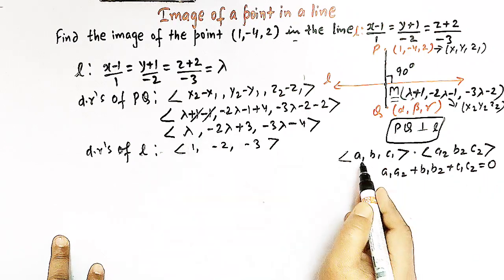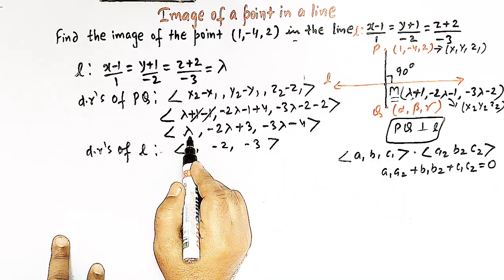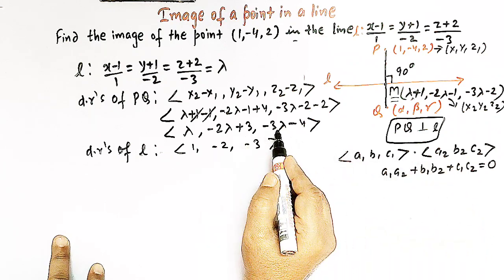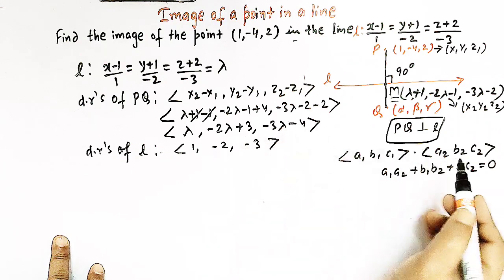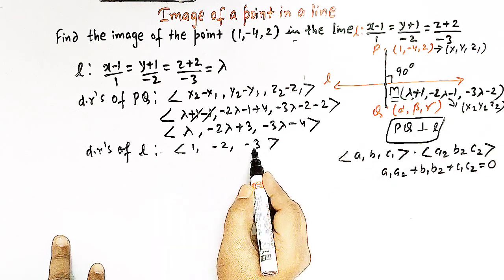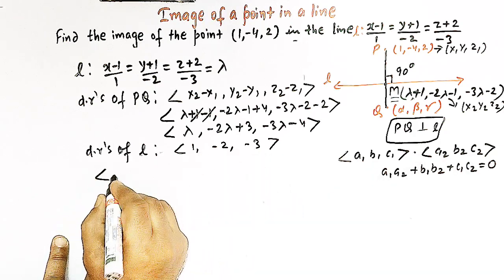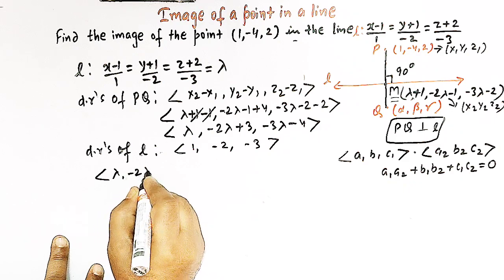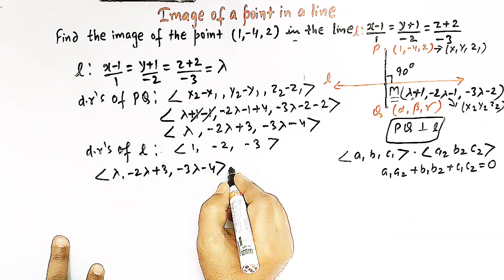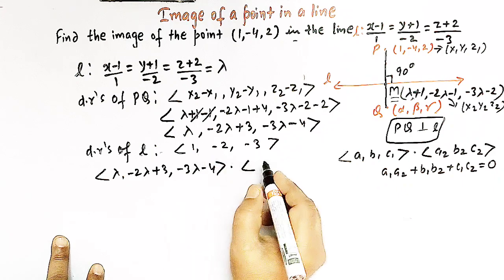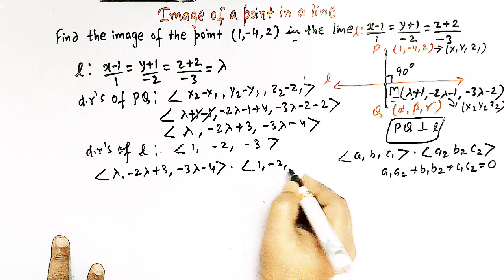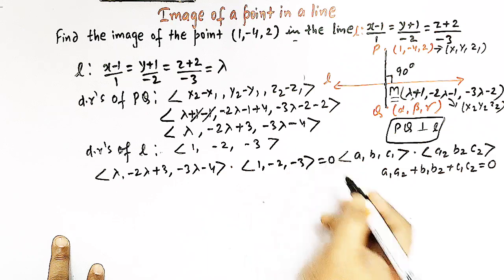So here we have a1, b1, c1 as lambda, minus 2 lambda plus 3, and minus 3 lambda minus 4, and a2, b2, c2 may be taken as 1, minus 2 and minus 3. So we have the dot product with these direction ratios, 1, minus 2, minus 3, should be equal to 0.